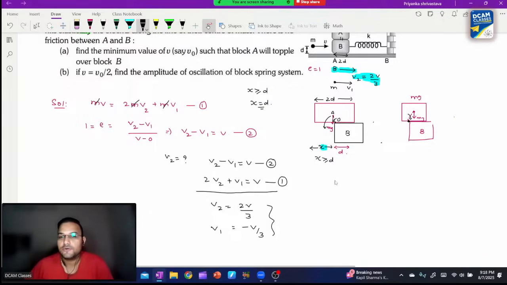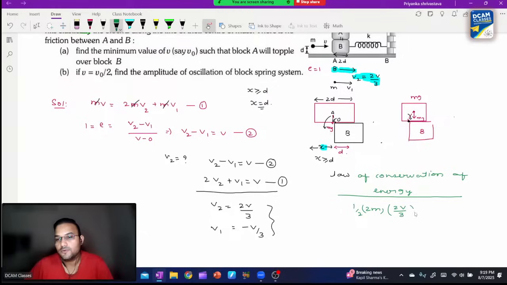So up to that distance we have to apply the law of conservation of energy. Half into 2m into (2v by 3) whole square is equal to half k d square.